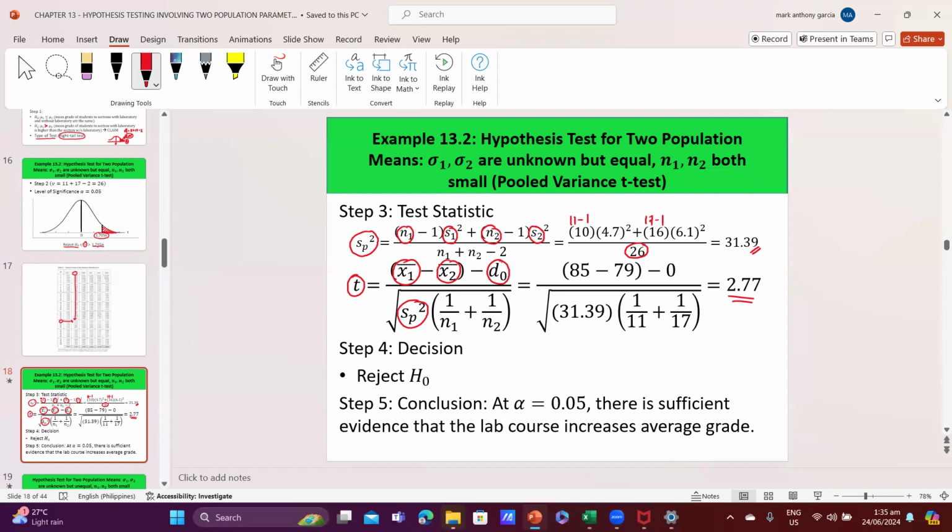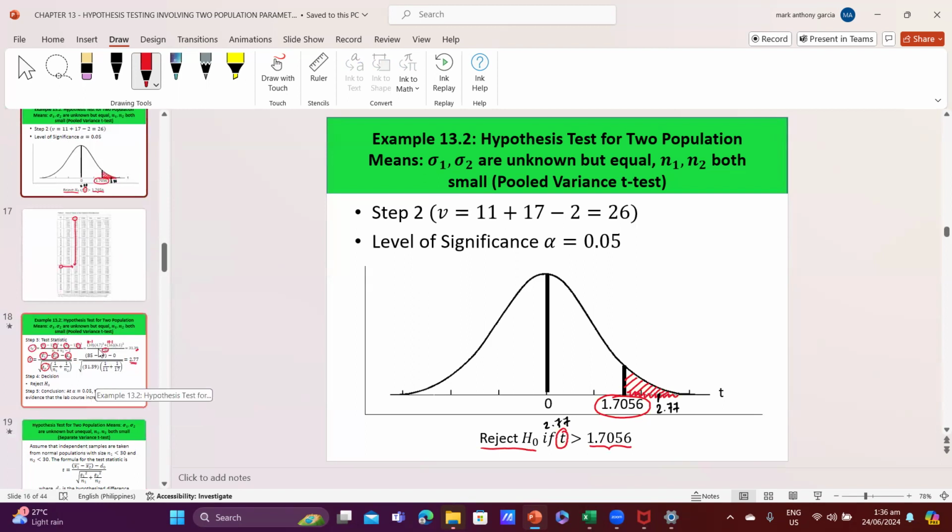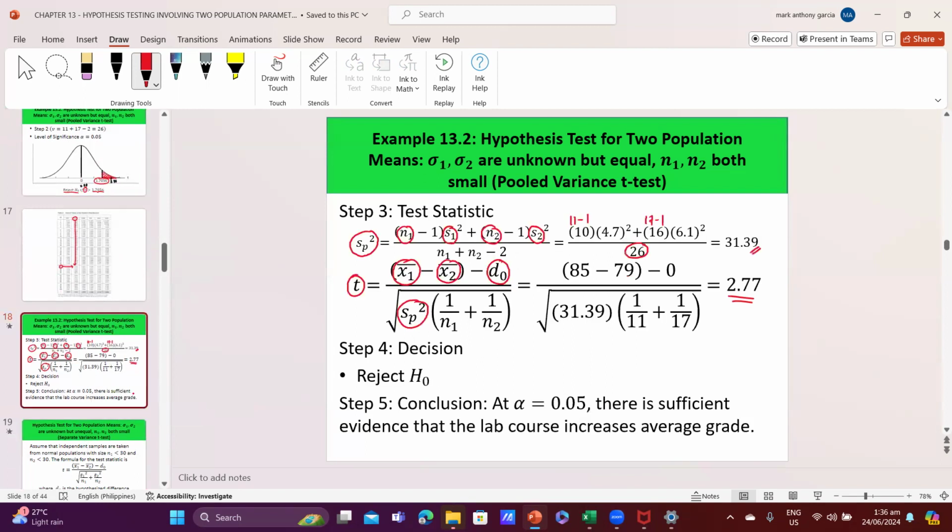So since 2.77 is our t-test statistic, 2.77 is somewhere to the right side of 1.7056. Which means that 2.77 is indeed greater than 1.7056, which means that our decision is to reject our null hypothesis.